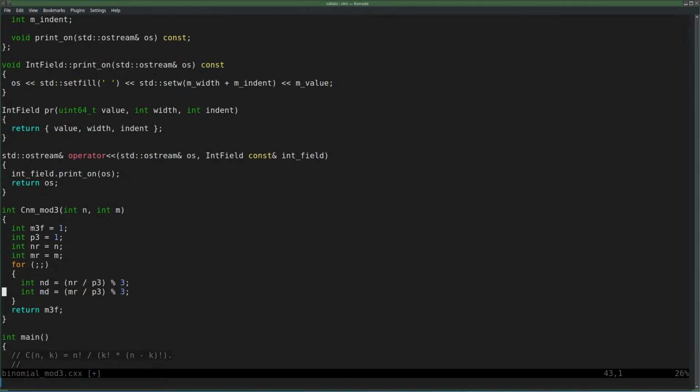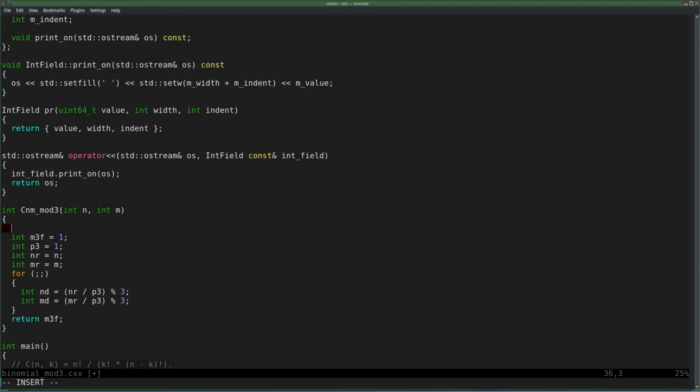And now it's time to add an ASCII art example, I think. So let's say n equals 2 times 3 to the power 2 plus 1 times 3 plus 1.